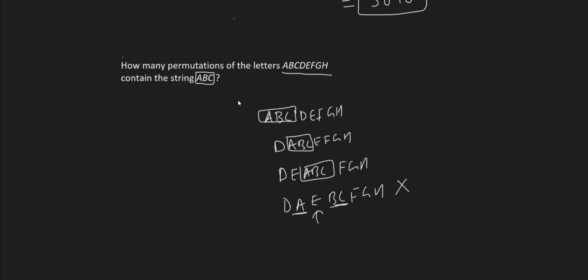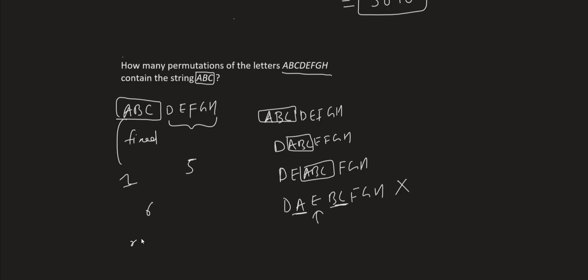So in that case, we'll consider A, B, C to be a single entity. All we are left with is D, E, F, G, H. So this remains fixed, and we consider this to be one entity. And these are 1, 2, 3, 4, 5, these are 5 letters. So in total we have 6. In this case, n will be equal to 6 and r will be equal to 6.